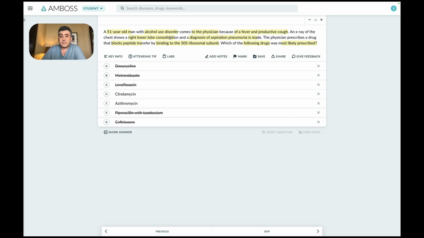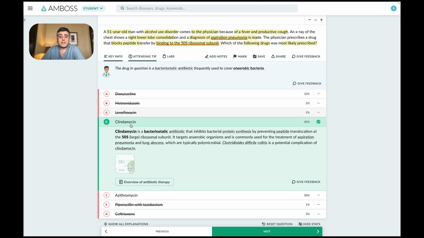They will give you in the scenario Parkinson's, something like that. But we're down to two drugs. And this is where you need to know some information. So clindamycin will be the answer. Clinda is prescribed for treatment of aspiration pneumo.